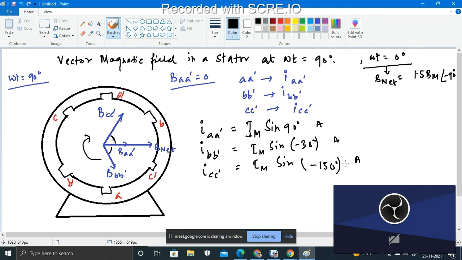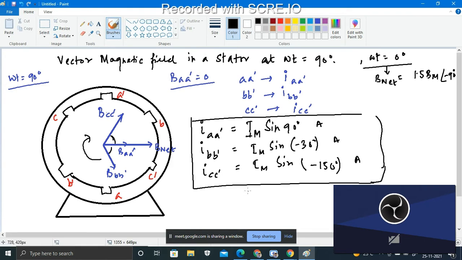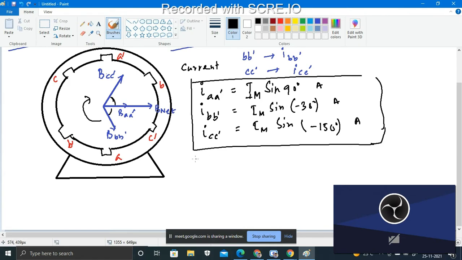So this will be the flow of current in the coils, right? These are the currents that will flow. And what will be the magnetic field?